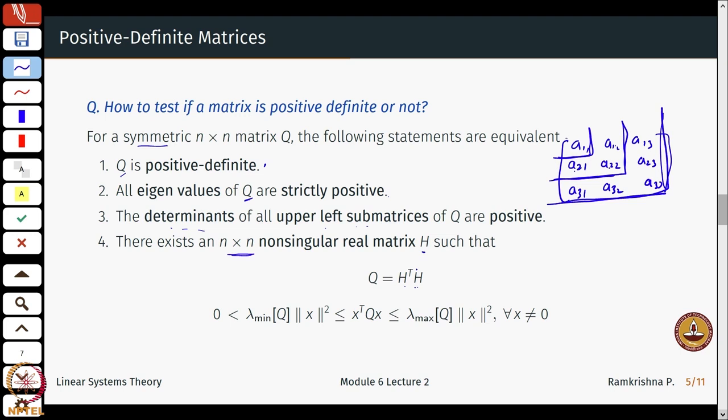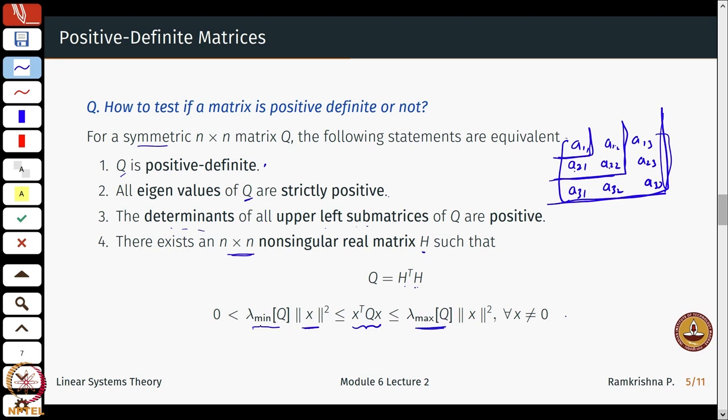A final property, which again I will not do the proof, but we will use this extensively, is that given a matrix Q, X transpose Q x, which will be greater than 0 when Q is a positive definite matrix, will be lower bounded by lambda min Q times the norm of x squared and upper bounded by lambda max Q times the norm of x squared.